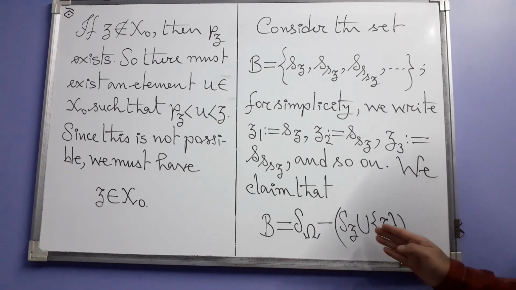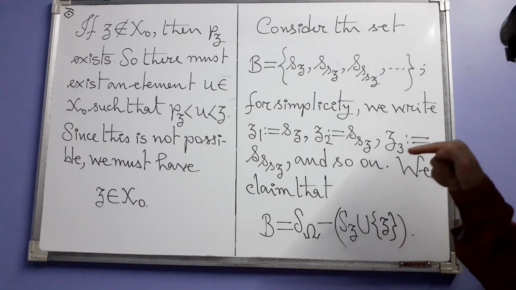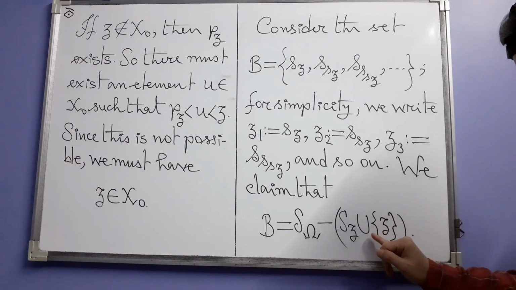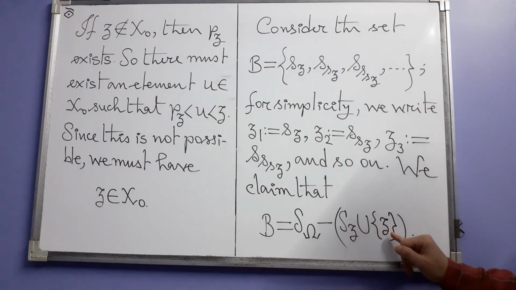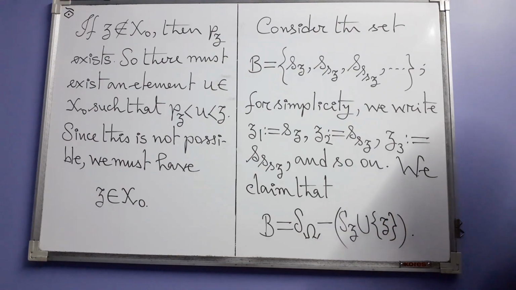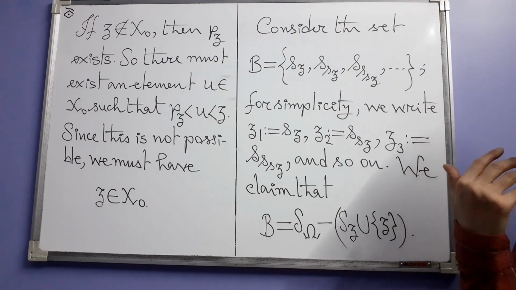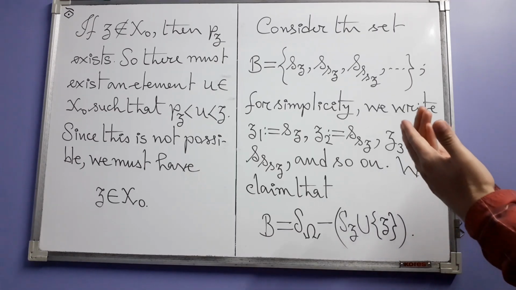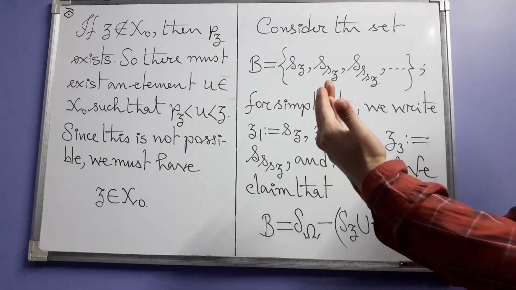If we consider the section of S omega by that Z, that supremum of X naught, and take the union of that section with this singleton set Z, and then you remove that from S omega. So you can imagine a figure like this, just like the real line.